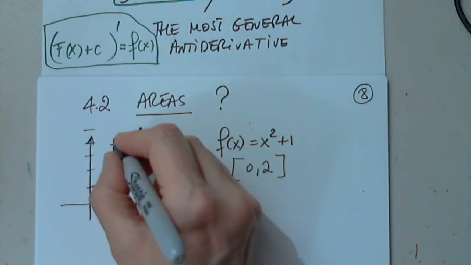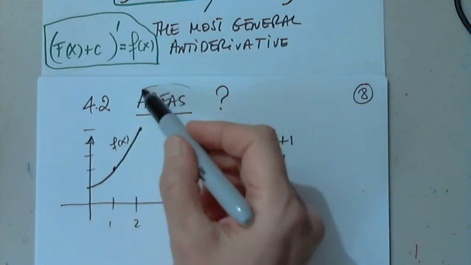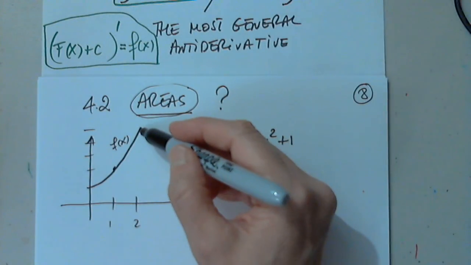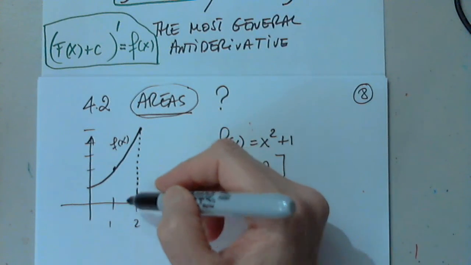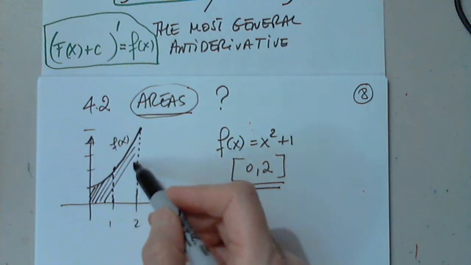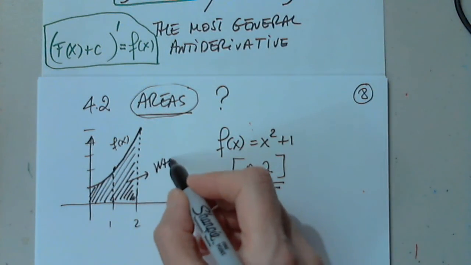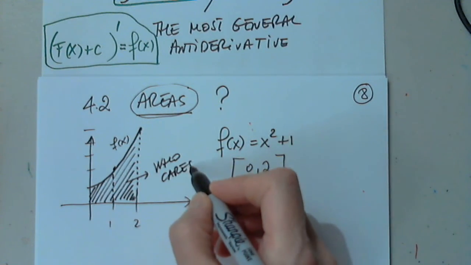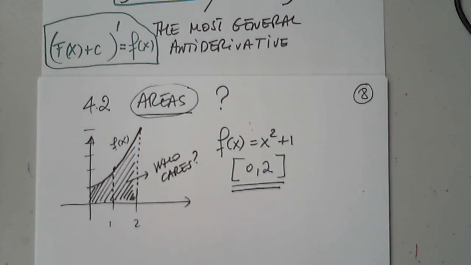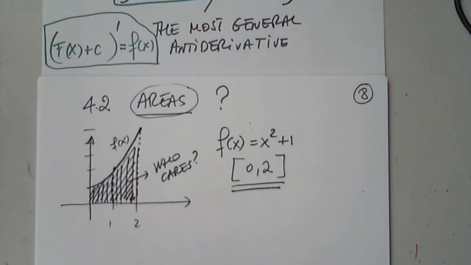This is the graph of function f of x, specifically on the interval 0, 2. And when we talk about area, we are really talking about here about the area under the graph, this area. Who cares? Why would I ever care about this area? Why?